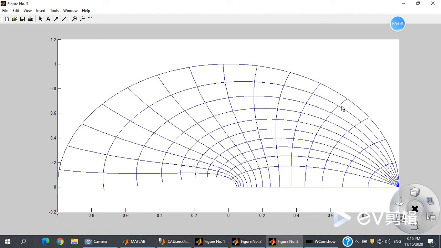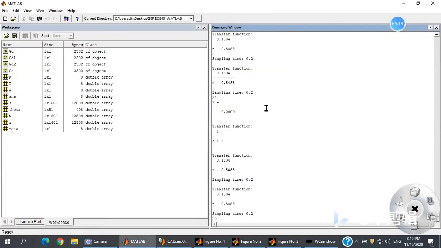For example, you want to find a point with zeta 0.3. You will pick poles. In the digital case, you need to pick a pole along this straight line.